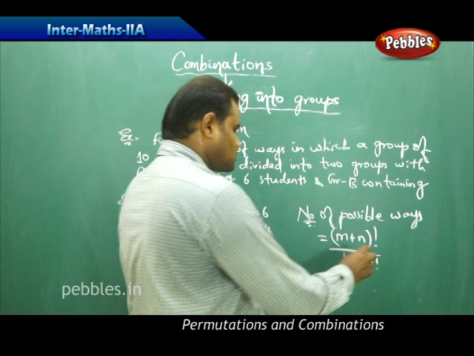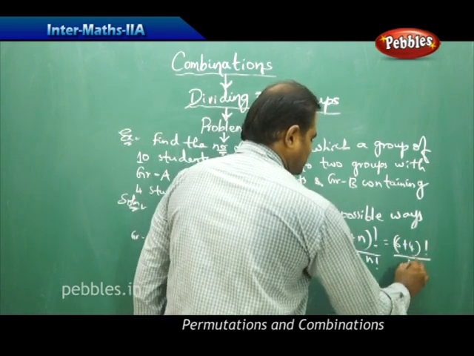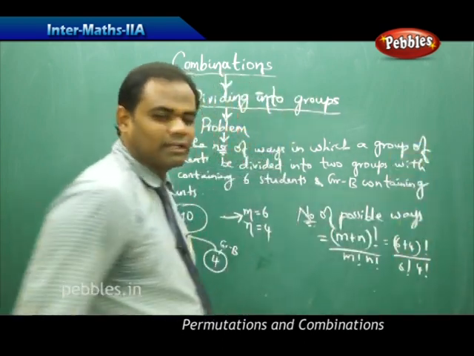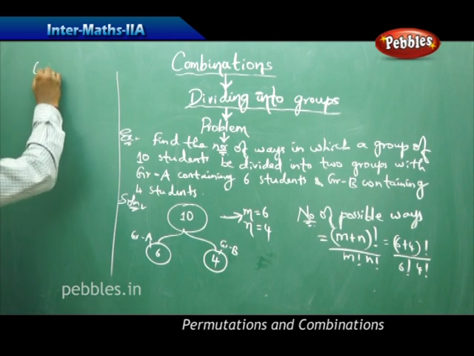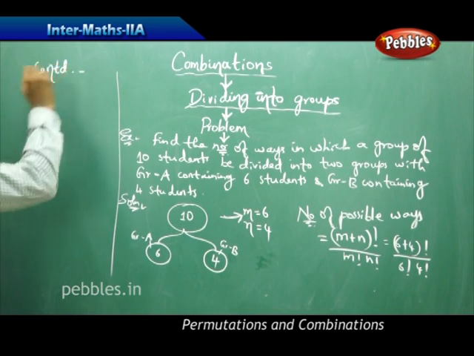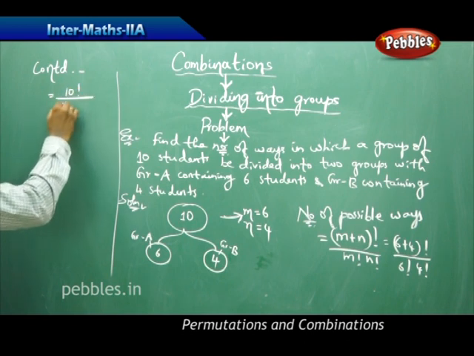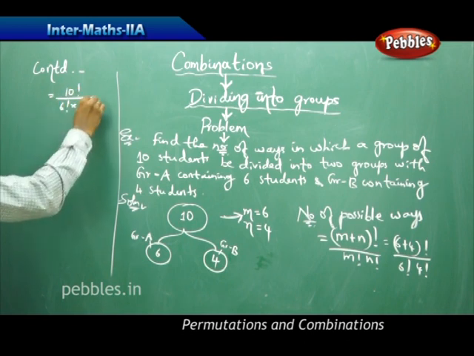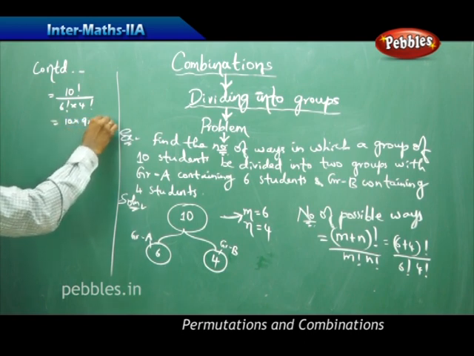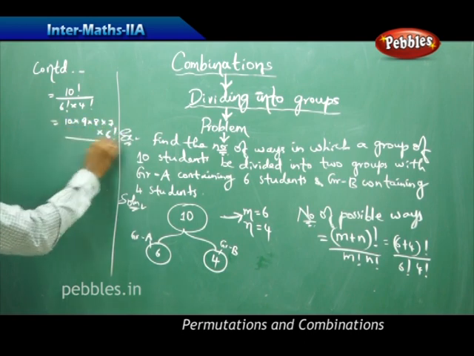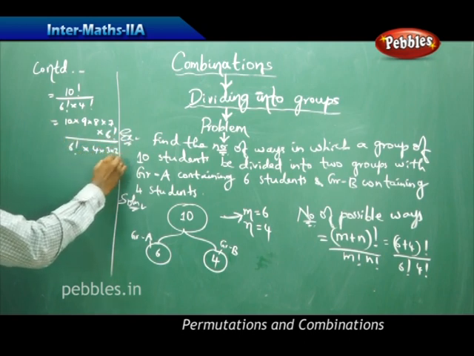Thus using the formula I have (6 plus 4) factorial by 6 factorial times 4 factorial, and then simplifying this, I get 10 factorial by 6 factorial 4 factorial, then 10 factorial, which I can write 10, 9, 8, 7, 6 factorial by 6 factorial times 4, 3, 2, and 1.